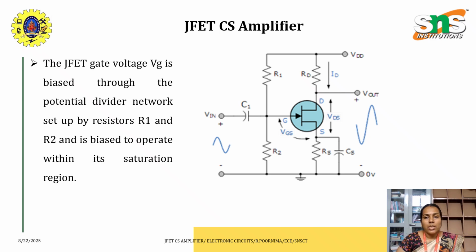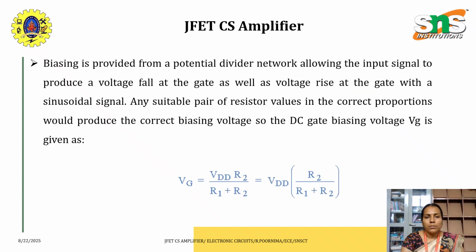And across the resistance RS we have the capacitor CS, which is the bypass capacitor. Biasing is provided by the potential divider network, and the equation for the gate voltage is given by the potential divider rule, which is R2 divided by R1 plus R2 times VDD. So a suitable pair of resistor values in correct proportions produces the correct biasing voltage.